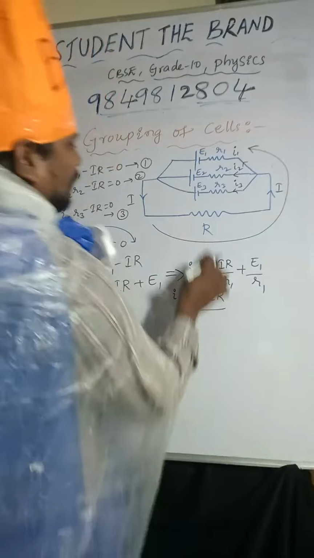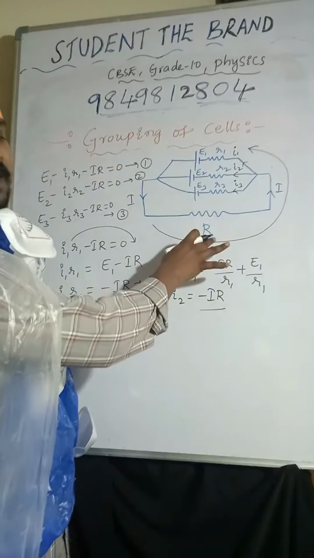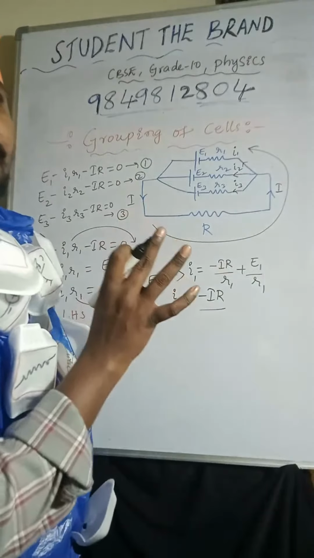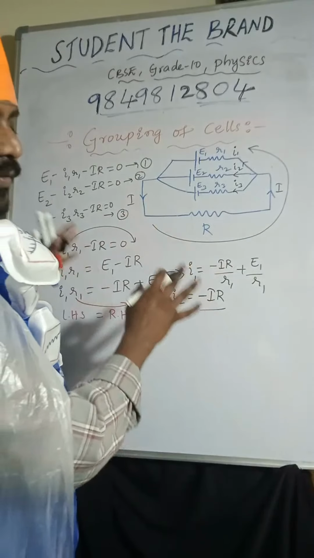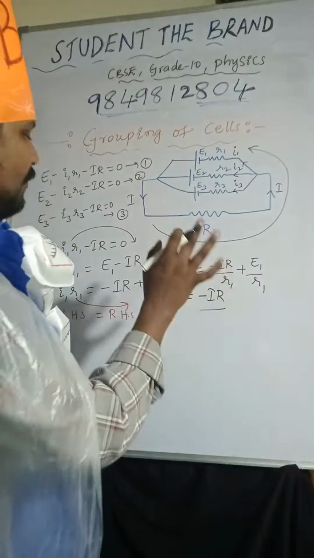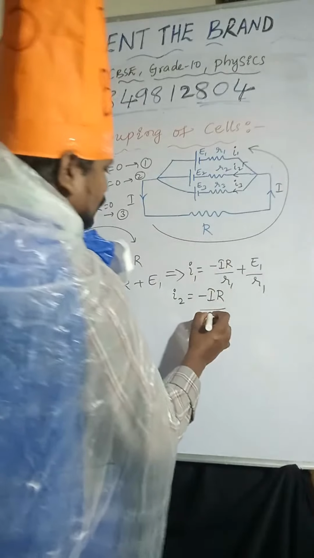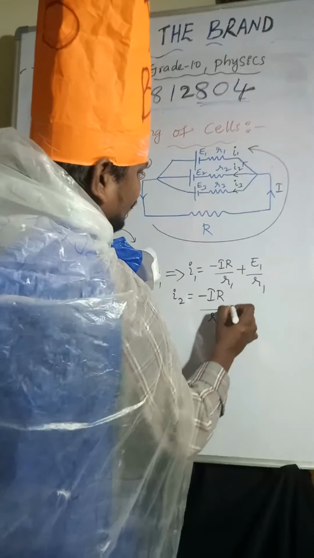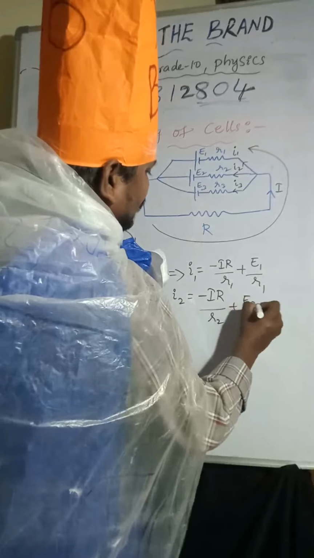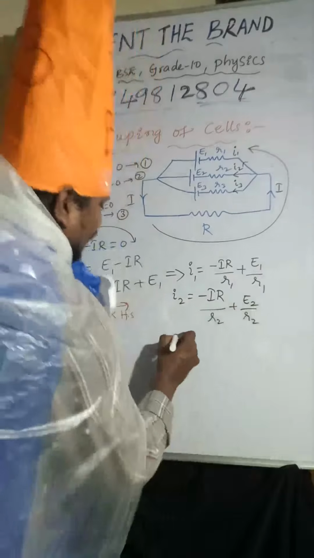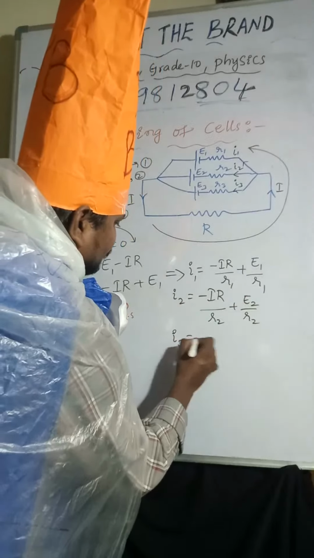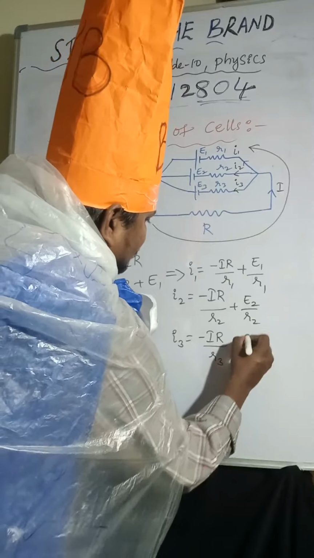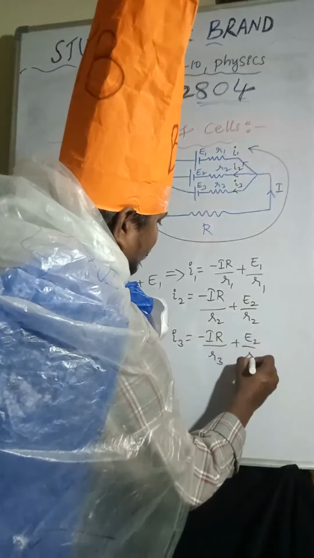IR is the same, because net resistance is the same and total current is the same. Very easy, very simple. If you follow, you will get it in an easy way. And I3 equal to minus IR by R3 plus E3 by R3.